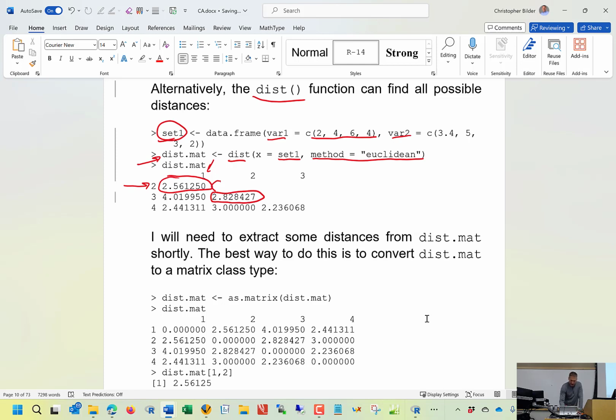Now notice I do not have a distance between 2 and 3. Why? Because it would be exactly the same, whether I'm looking at observation 2 versus 3 or observation 3 versus 2. It's still the same distance. So that's why you see those empty spots in that structure.